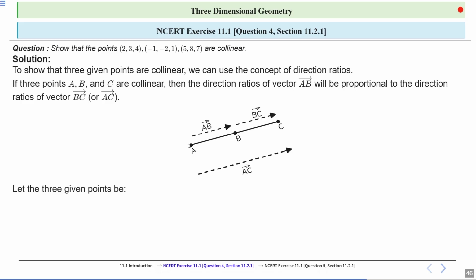Let's assign the given coordinates to our points. So we will call A equals (2, 3, 4), B equals (minus 1, minus 2, 1), and C equals (5, 8, 7). So here we have the points A, B and C and their corresponding coordinates.